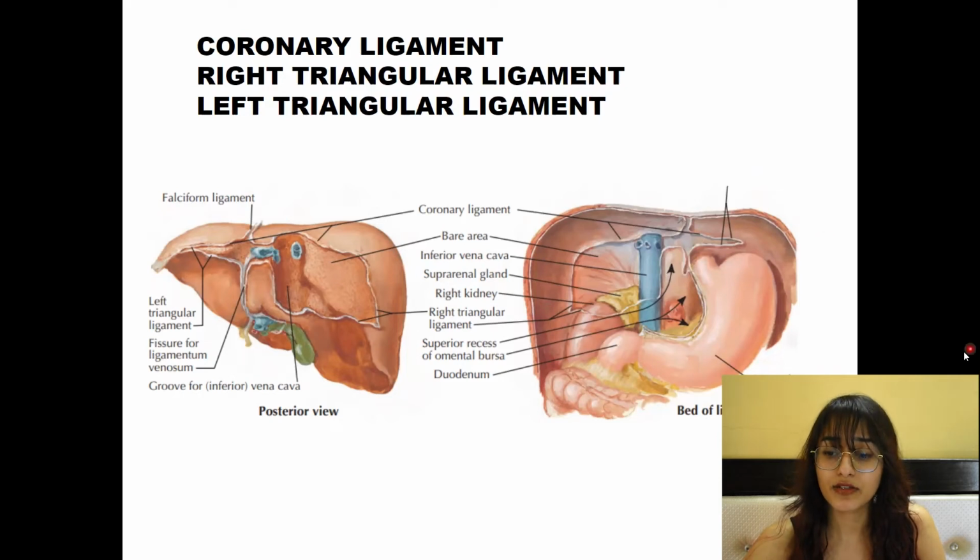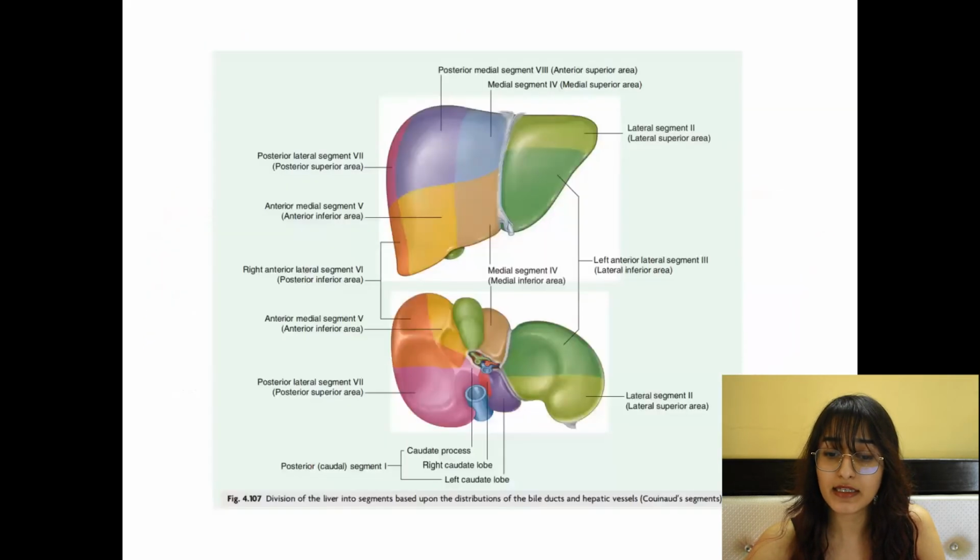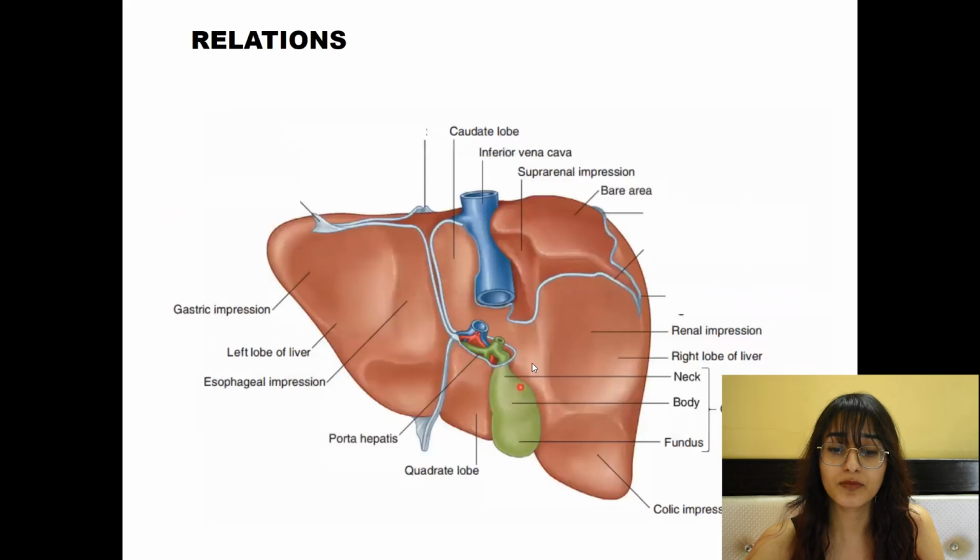So these are the relations, and we can see the impressions of these organs on the posterior or visceral surface of liver. There's a gastric impression, obviously on the medial side of liver, for fundus of stomach. We have esophageal impression.